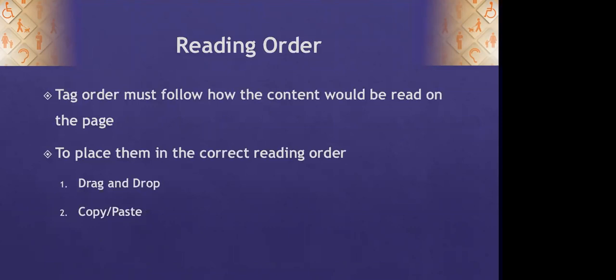Reading order, we'll go over this when we get to the exercise demo part. Reading order: the tag order must follow how the content would be read on the page. I'll be getting into what that means and how to correct that, but there may be situations where, when you test your reading order, it's not quite in the order that you intended.